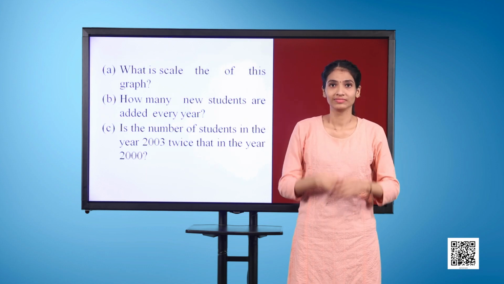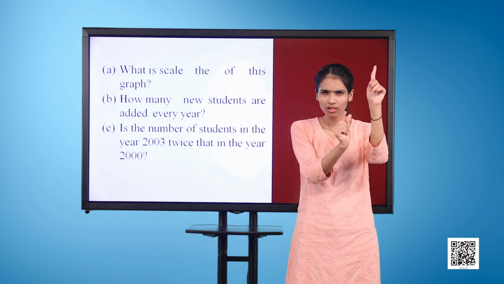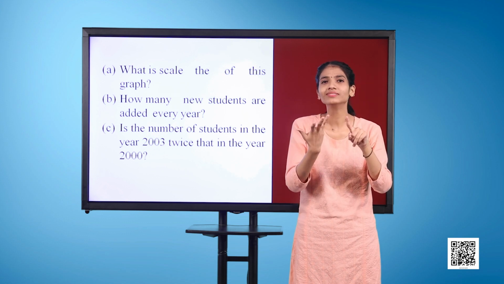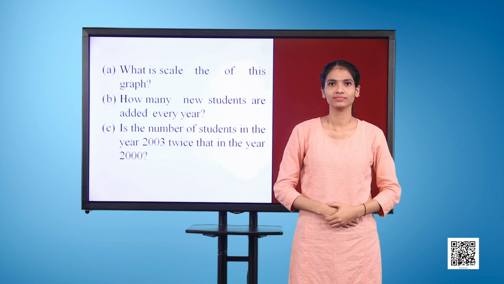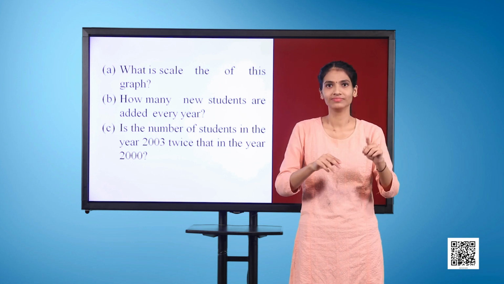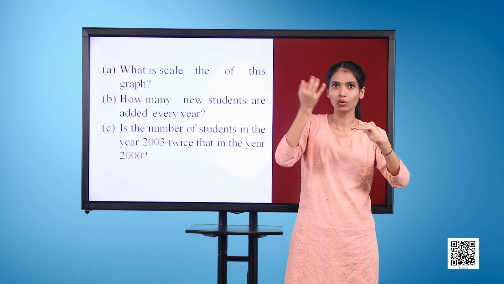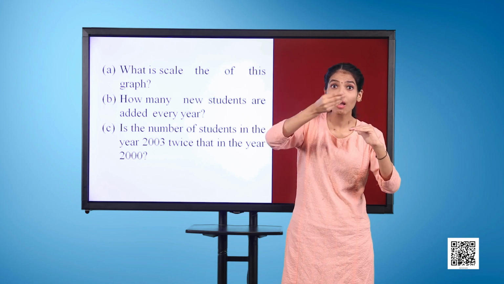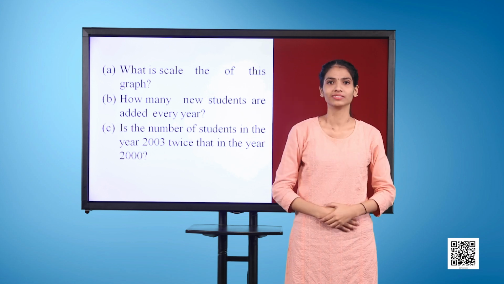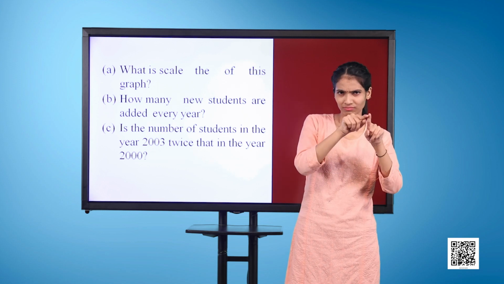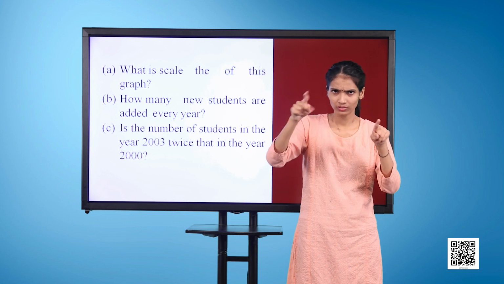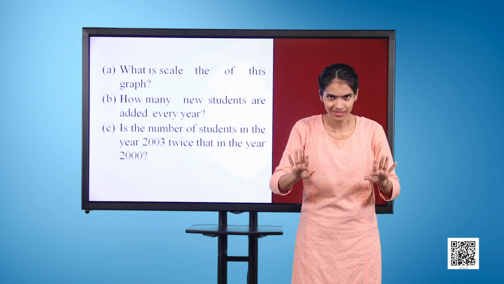A. What is the scale of this graph? B. How many new students are added every year? C. Is the number of students in the year 2003 twice that in the year 2000?